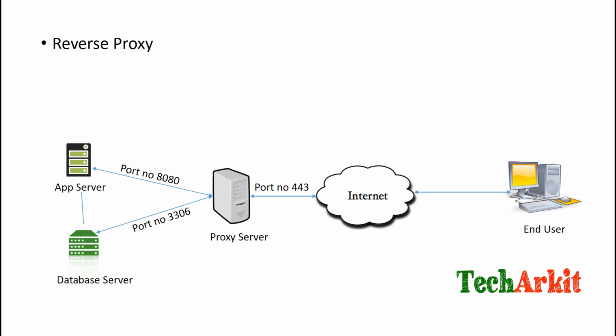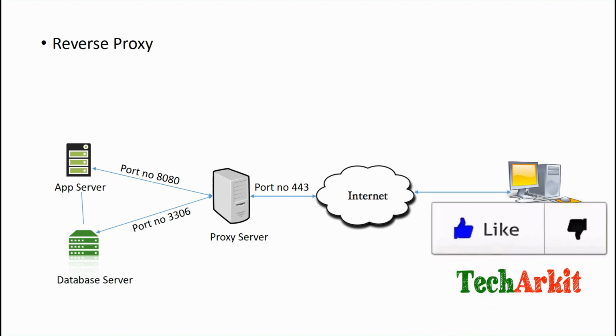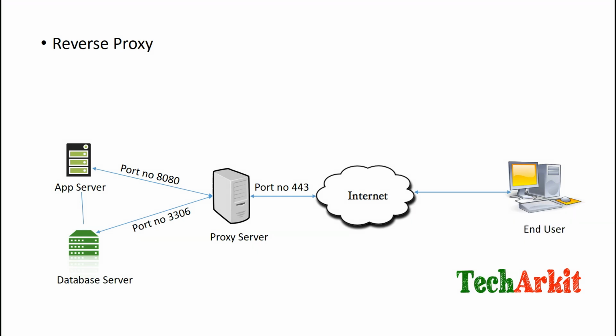You just put the proxy server on your internet gateway, and all the traffic automatically passes through it. And the reverse proxy is a proxy server where your sensitive servers are protected; their information passes through the proxy, and the proxy responds to the end users and also to your app server requests.